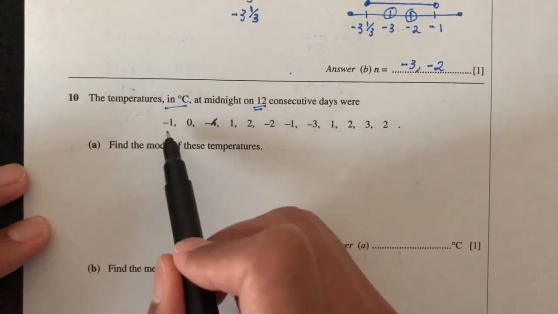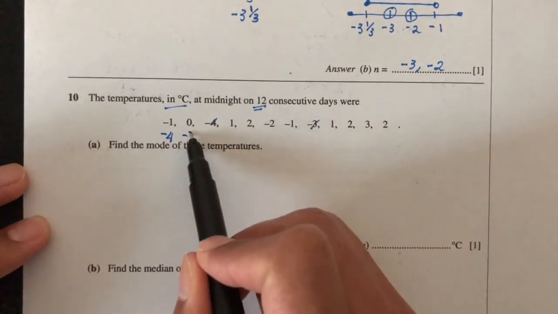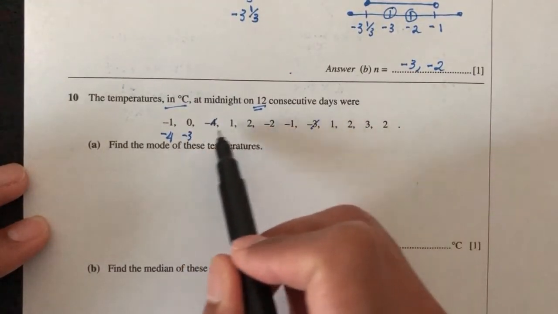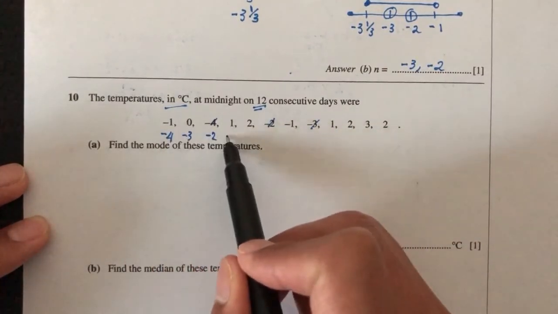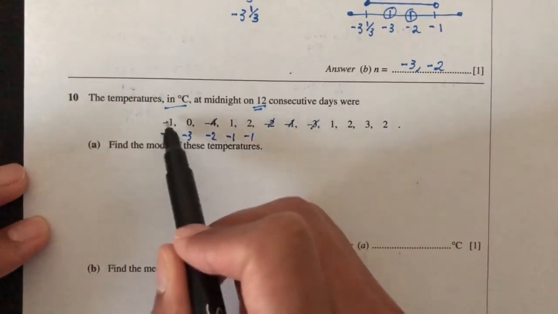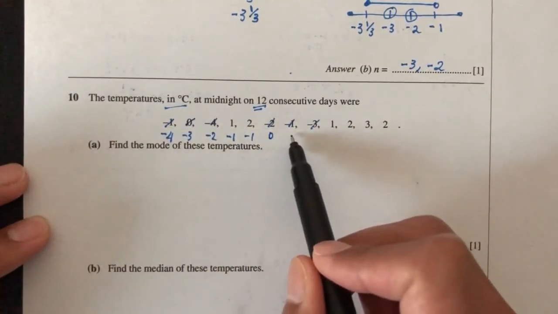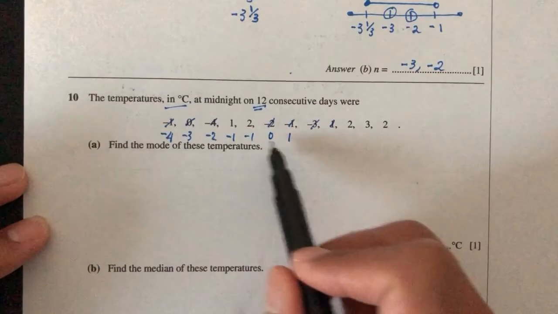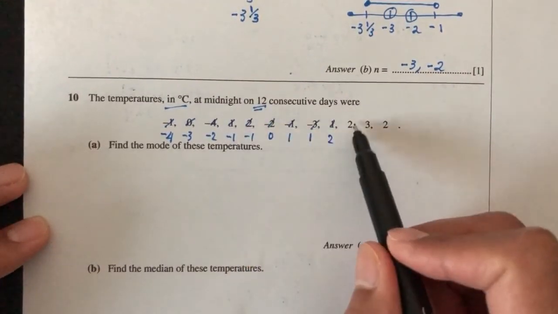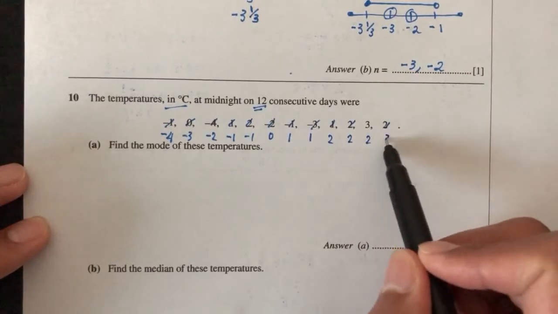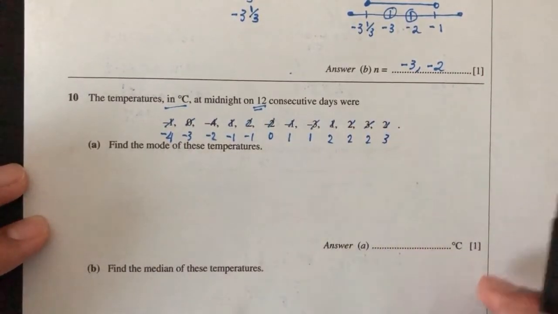Minus 4 is the smallest, and then we have minus 3, and then we have minus 2, then we have minus 1, minus 1, then we have 0, we have 1, 1, we have 2, 2, 2, and lastly we have 3. So these are the same numbers but from smallest to largest.